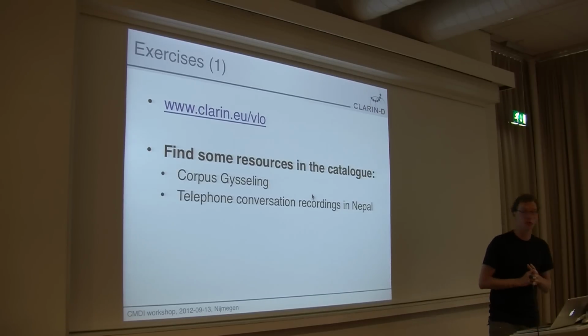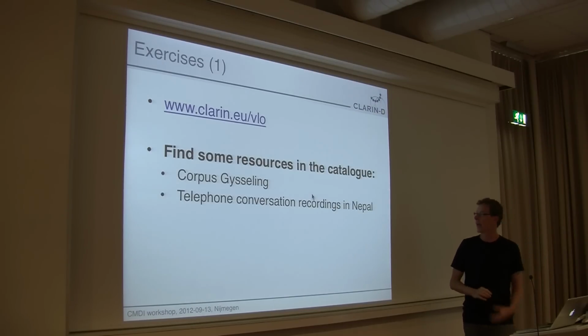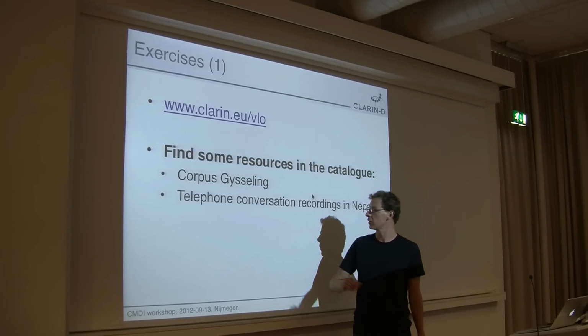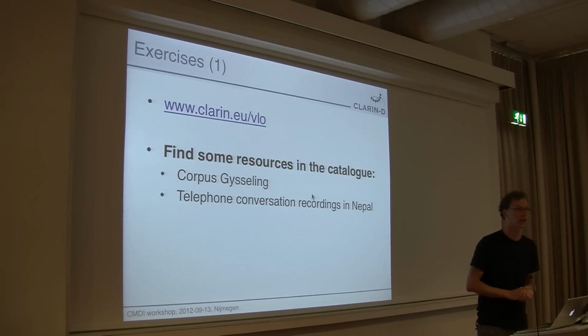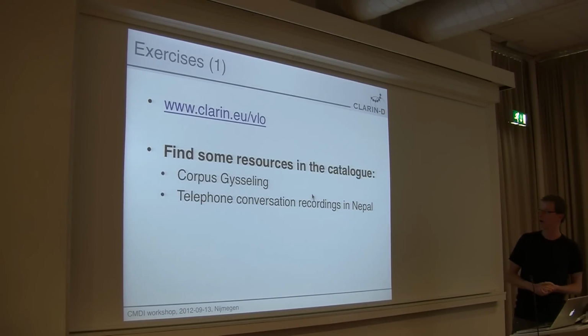Okay, so maybe it's time for a bit of an interactive part of this session. I would like to ask you to do a small exercise, first starting the Virtual Language Observatory, and then finding two things. In the first instance, we'll try to locate the corpus Gijsling, which is a corpus of medieval Dutch, as far as I know.